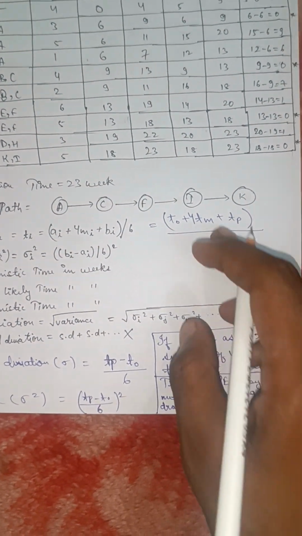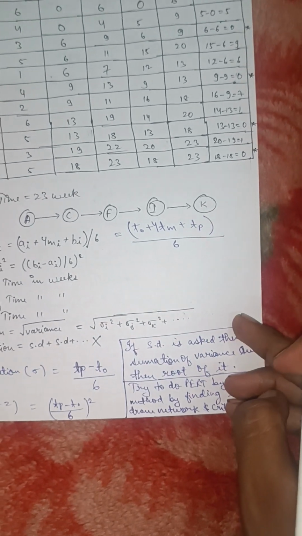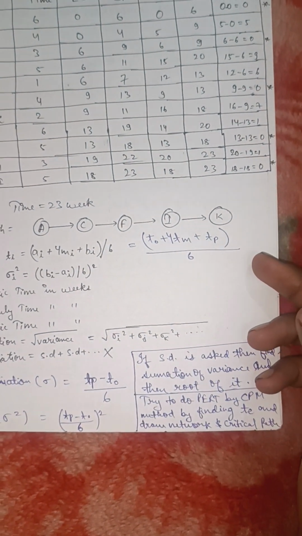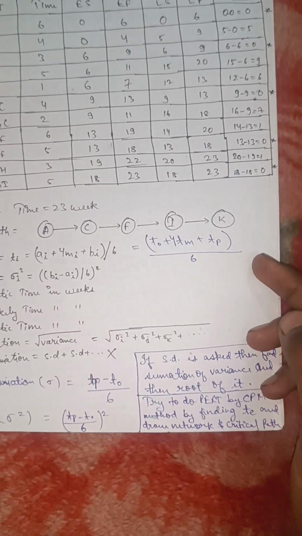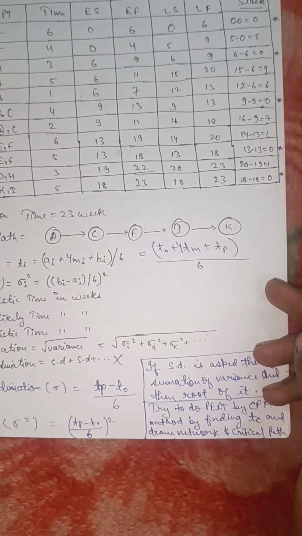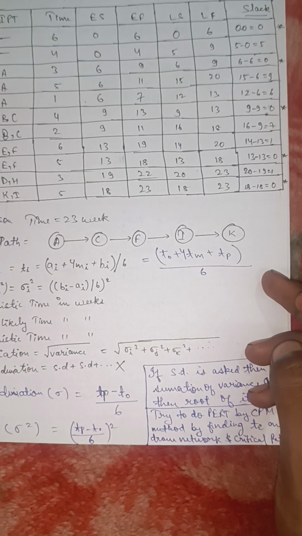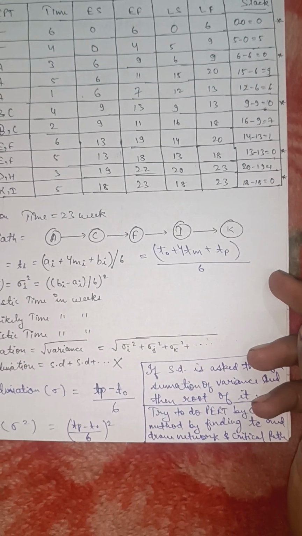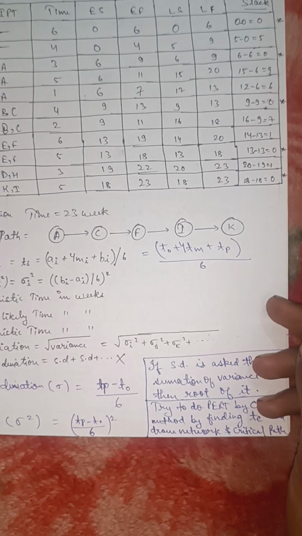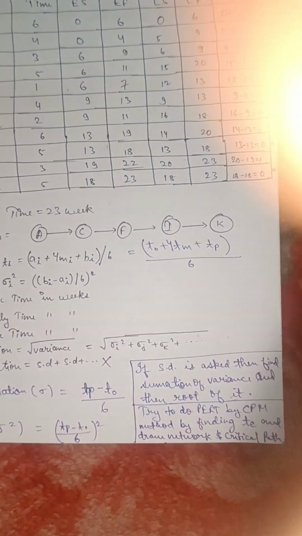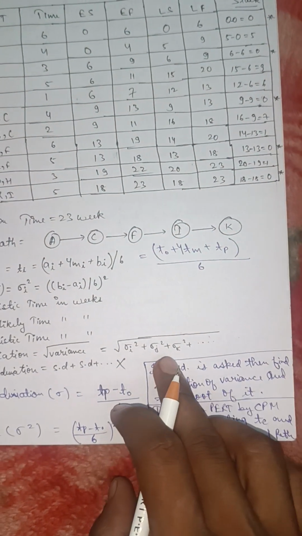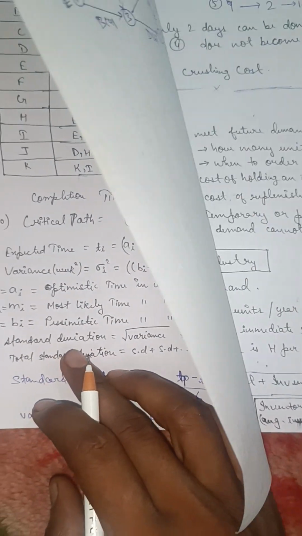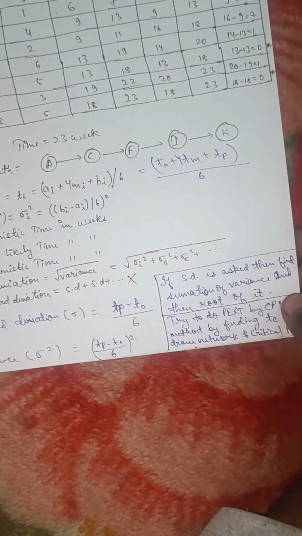For example, if there is a column of variance and a standard deviation is asked, then we have to add each value of variance, like sigma square 1, sigma square 2, sigma square 3, sigma square 4, and then take the square root of it, which gives the standard deviation.